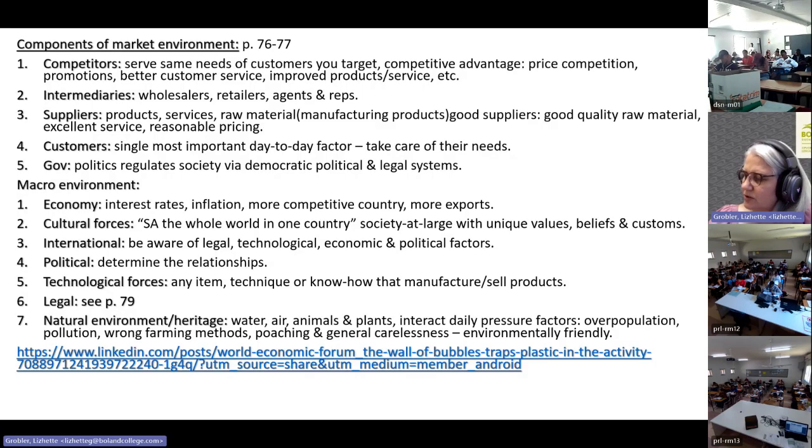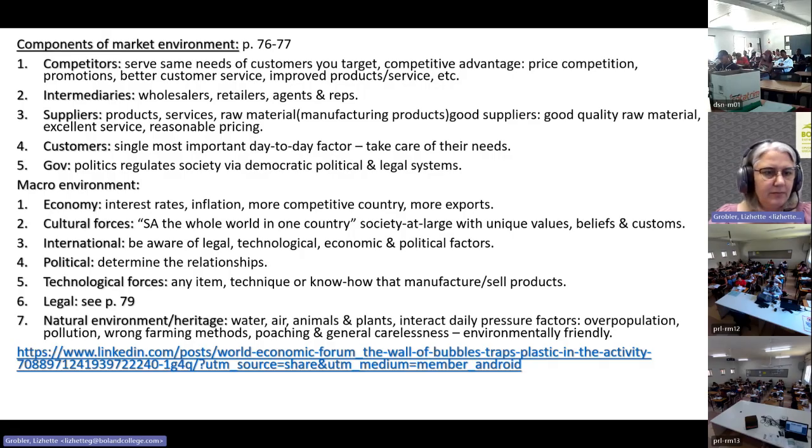First one is the Basic Conditions of Employment Act 75 of 1997, the Labour Relations Act 66 of 1995, Occupational Health and Safety Act 85 of 1993, National Credit Act 34 of 2005, the Employment Equity Act 55 of 1998, and then the POPI Act 4 of 2013, of which I think you know all about the POPI Act because you signed that documentation when you enrolled for your studies at Boland College.